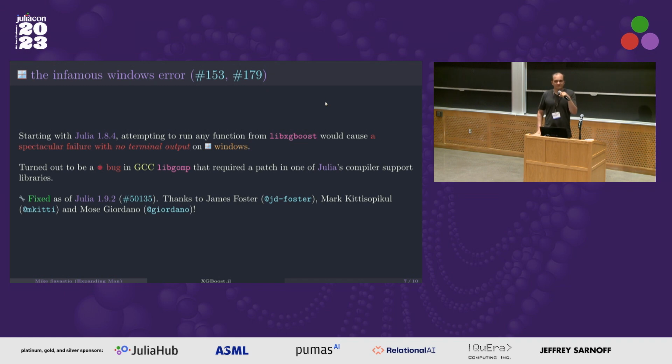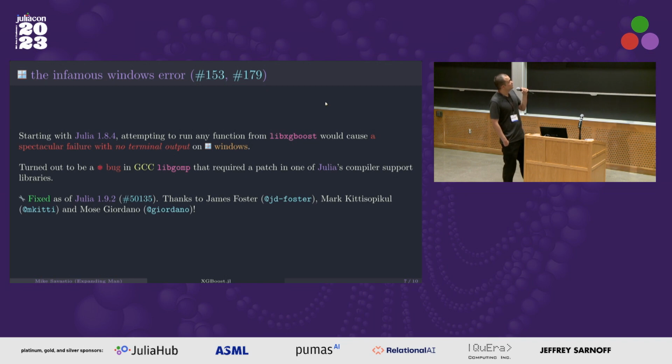I did want to mention that there was, for a little while, this really terrifying bug in Windows that was preventing the libxgboost library from being loaded at all. Myself and some of the other maintainers didn't even have access to Windows, so we had no idea what to say about that.